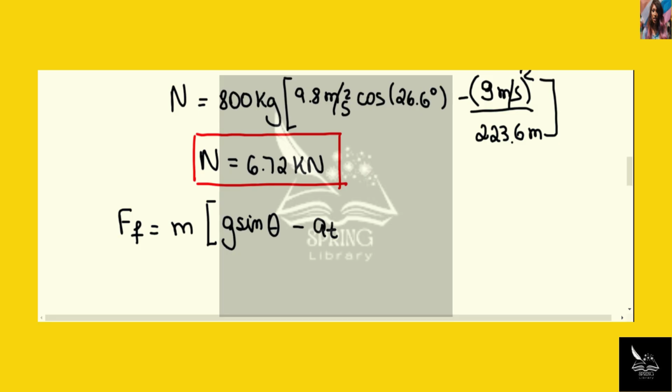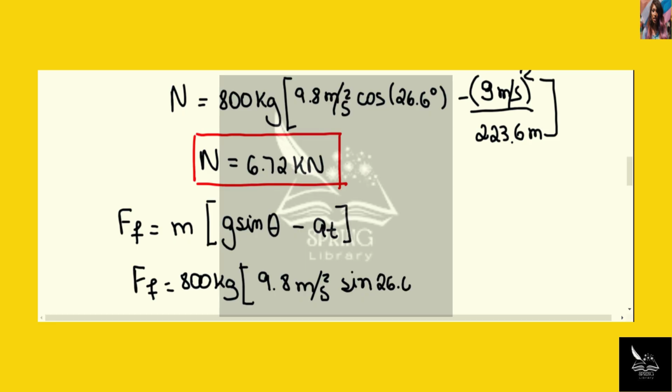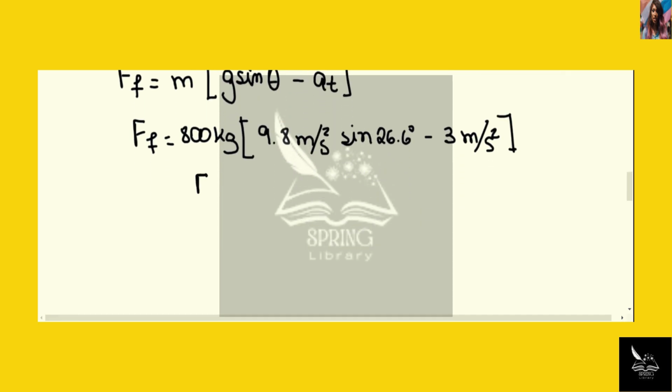So what we have is m, which is 800 kilograms, times 9.8 meters per second squared times the sine of 26.6 degrees minus 3 meters per second squared. So ff is equal to 1.11 kilonewtons, which concludes our exercise.